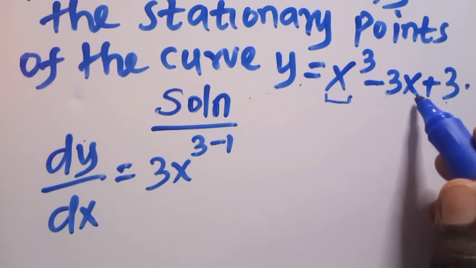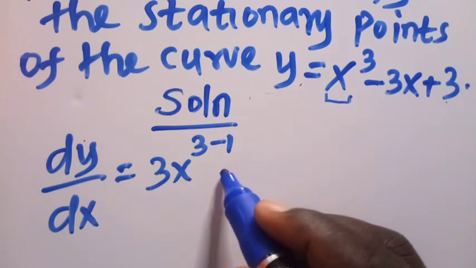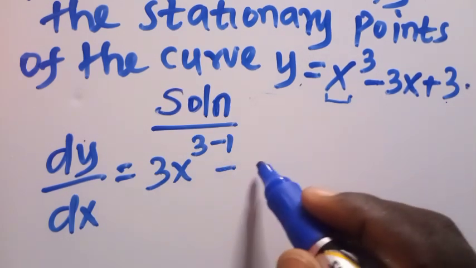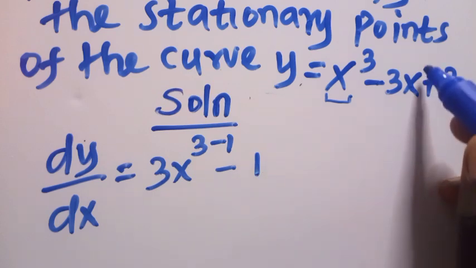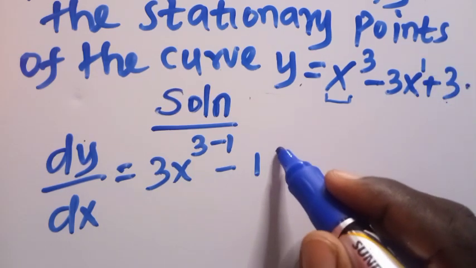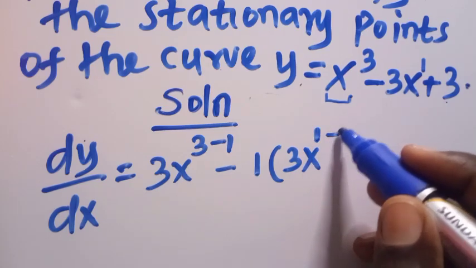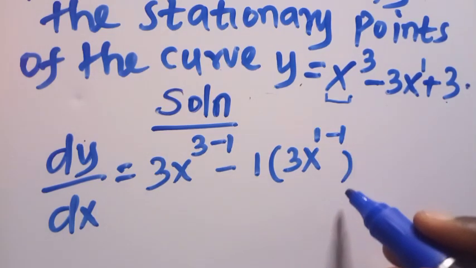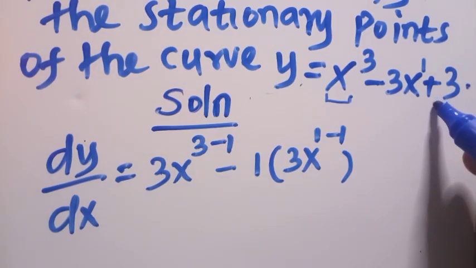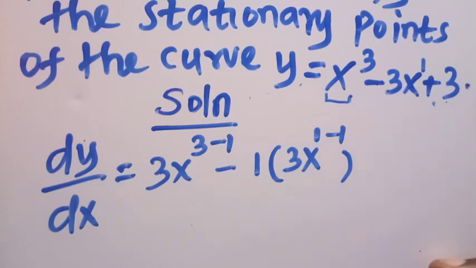And if we differentiate 3x, we shall have 1 times 3x raised to 1 less 1. If we differentiate positive 3, we get 0, because 3 is a constant.